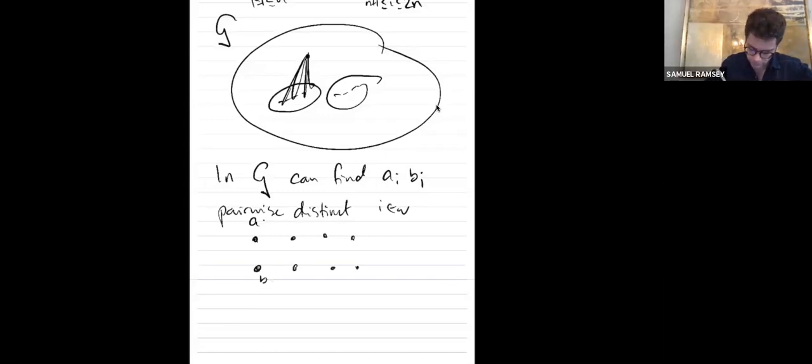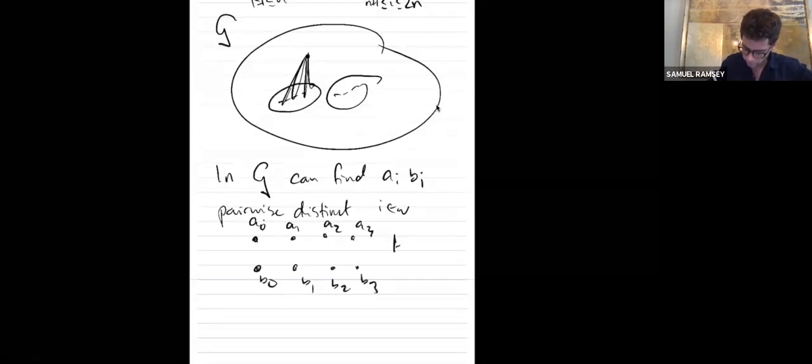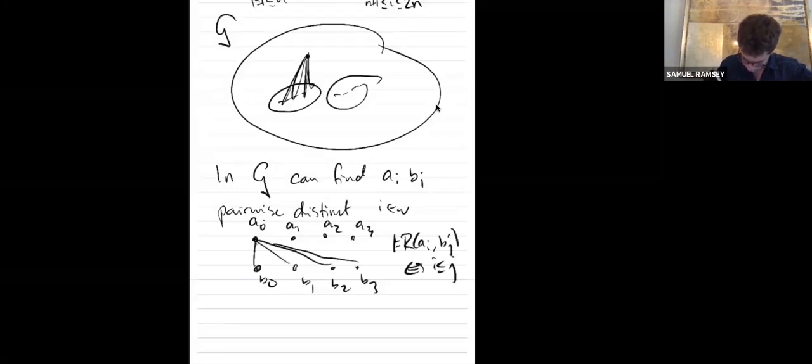So this is like a_0, b_0, a_1, b_1, a_2, b_2, a_3, b_3. And our rule will be that you have a connection from a_i to b_j if and only if i is less than or equal to j. So graphically, this looks like this. Not a very good drawing, but okay, something like that.